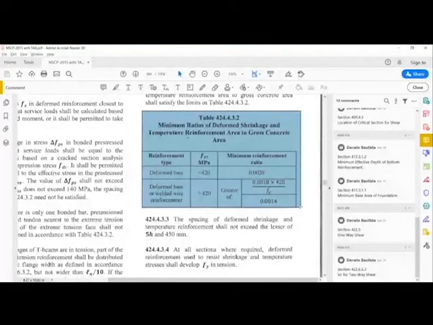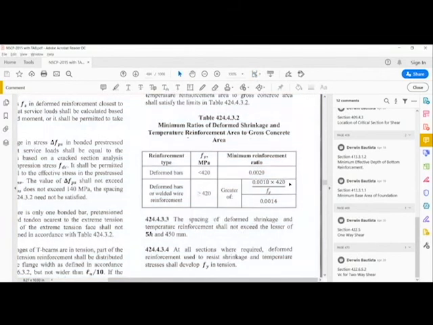Minimum area for temperature reinforcement, greater than 420 megapascal ulit tayo. So this one is just the same as our formula, the one that we use above.